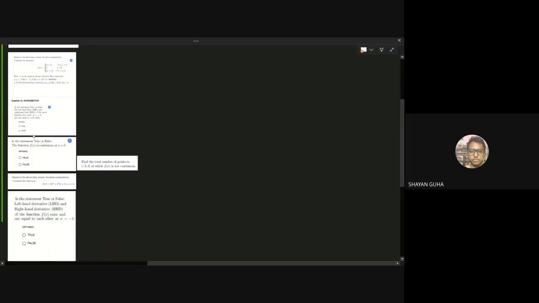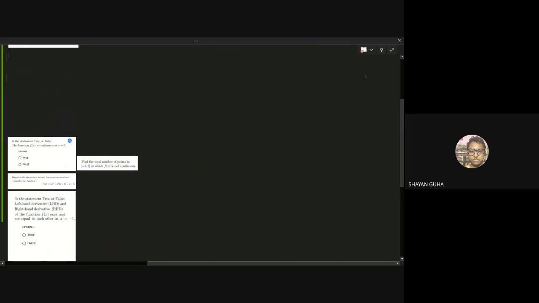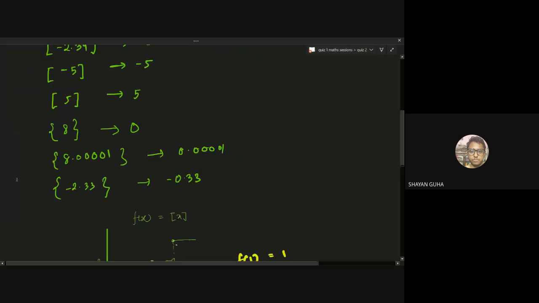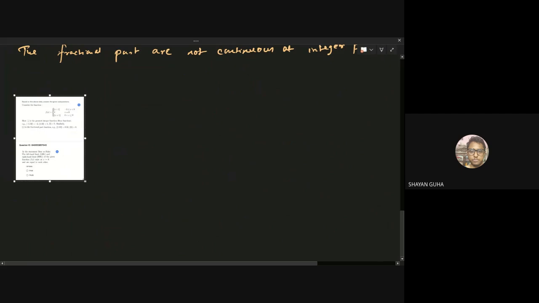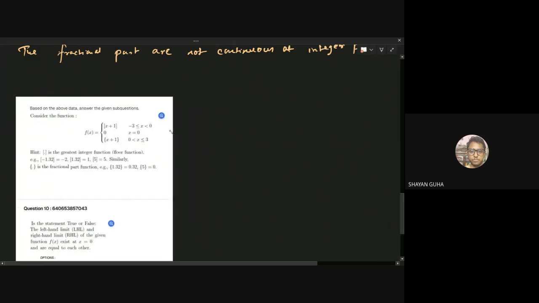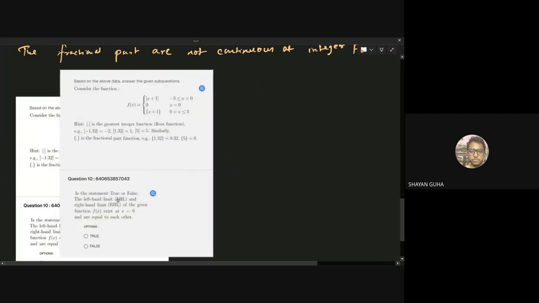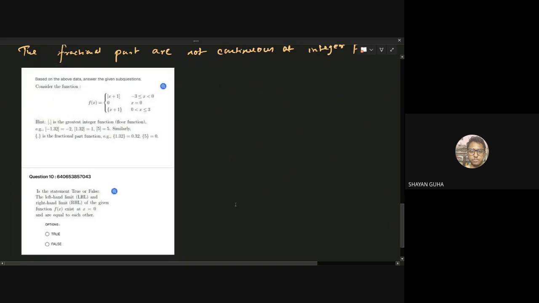Okay, tell me, here it's given true and false. We have to check that the left hand limit and right hand limit of a given function exist at x equal to 0. I have to check whether at the 0 point the left hand and right hand limit exist.